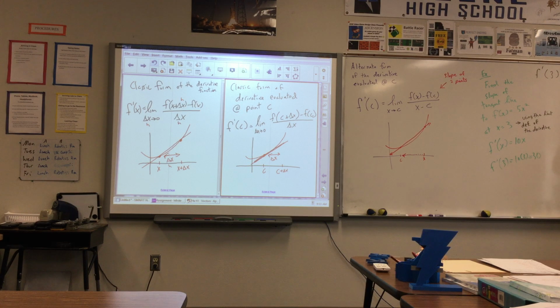Y'all understand? What we've got going on right here is essentially the same thing that we have down here. It's f prime of 3, but it's got the limit form, and we'd have to apply some different limit properties and things like that to evaluate it.